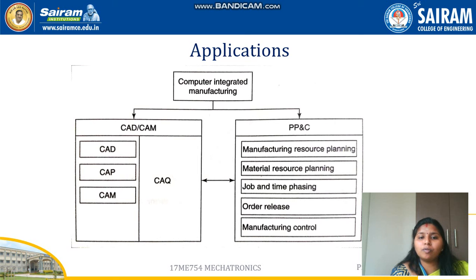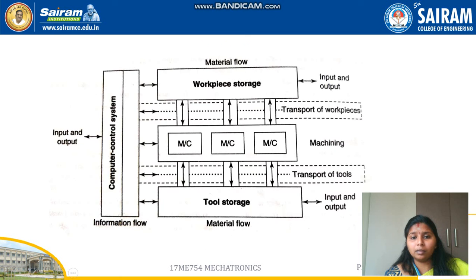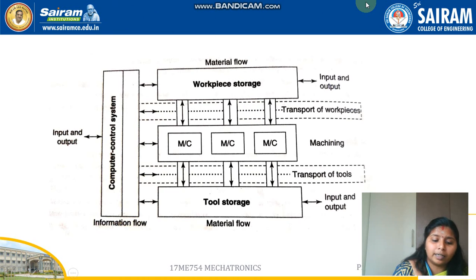So everything is computer based, either the drawing, the manufacturing or the quality checking. And the next application is the FMS, that is flexible manufacturing system. FMS is based on one or more CNCs, and it consists of CNC machines, tool handling systems, online inspection systems, part handling equipment and several interconnected individual machines.